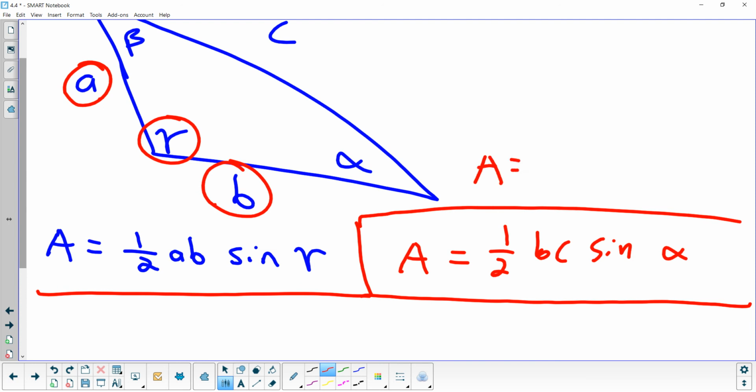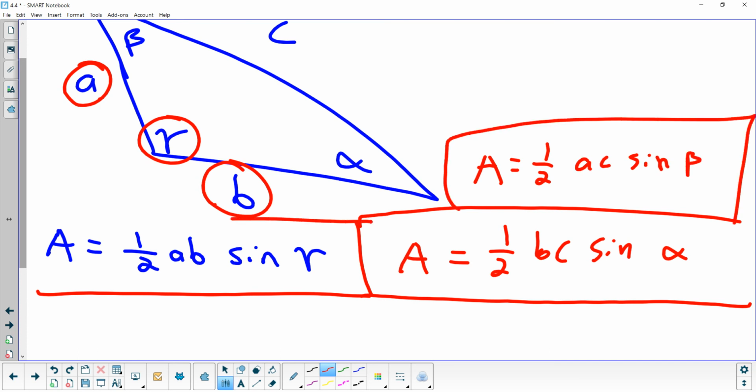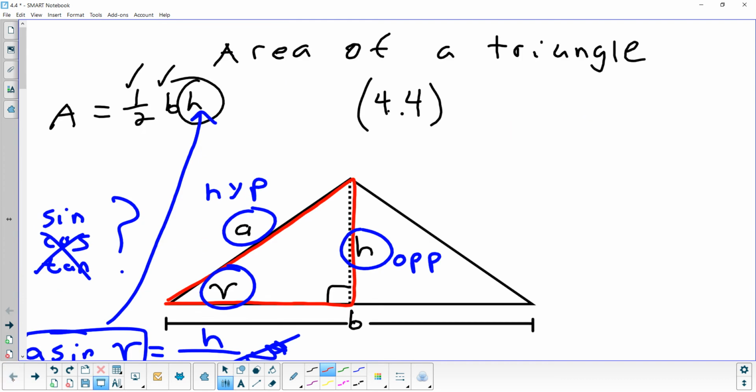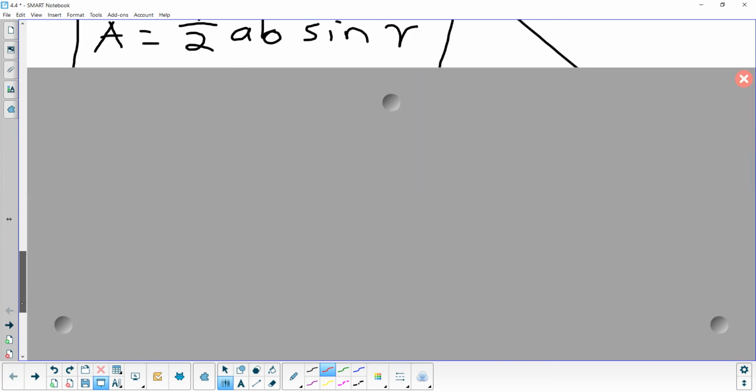And there's one more. What would be the third way you could write this formula? A equals 1/2 AC sine beta. Perfect. It's not three different formulas. It's the same formula just written using different sides. And I have them all written out on the other page as well, right here.